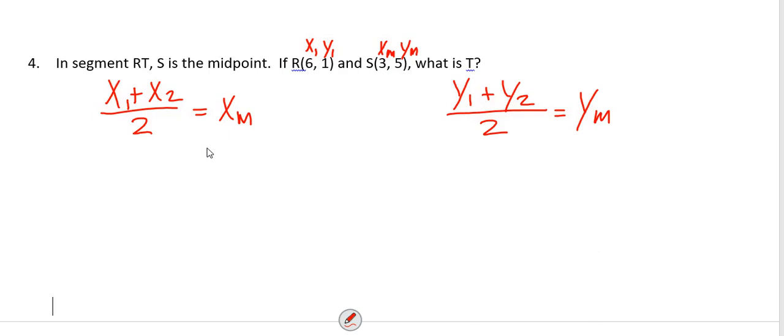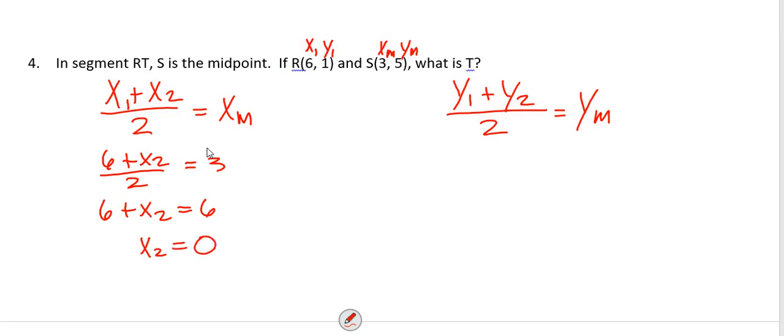So when I do this, I'm going to have 6 plus x2 divided by 2 is equal to 3. We're going to multiply both sides by 2 to get rid of the 2 in the denominator. So that's 6 plus x2 equals 6. When we subtract the 6 from both sides, we see that x2 is equal to 0.